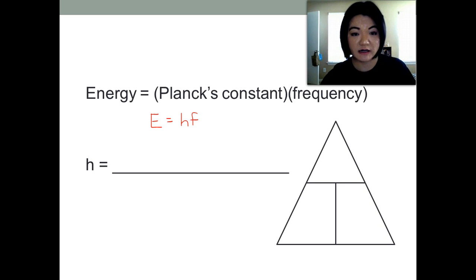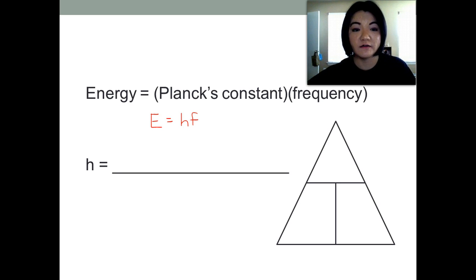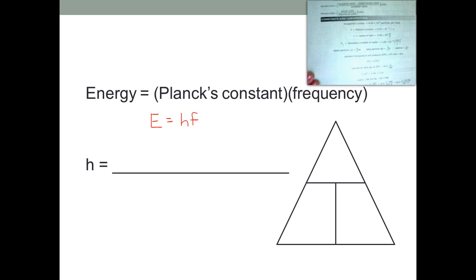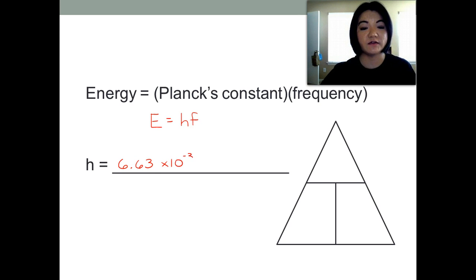Since h is a constant, it's going to be under the constants and conversions portion of the formula chart. Again, it's on the back. If you look at it, h equals 6.63 times 10 to the negative 34, and this is joules times seconds.